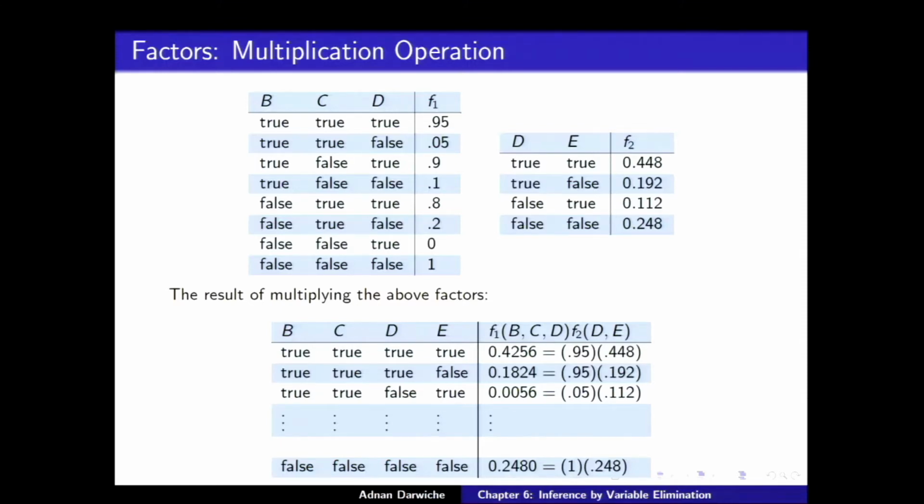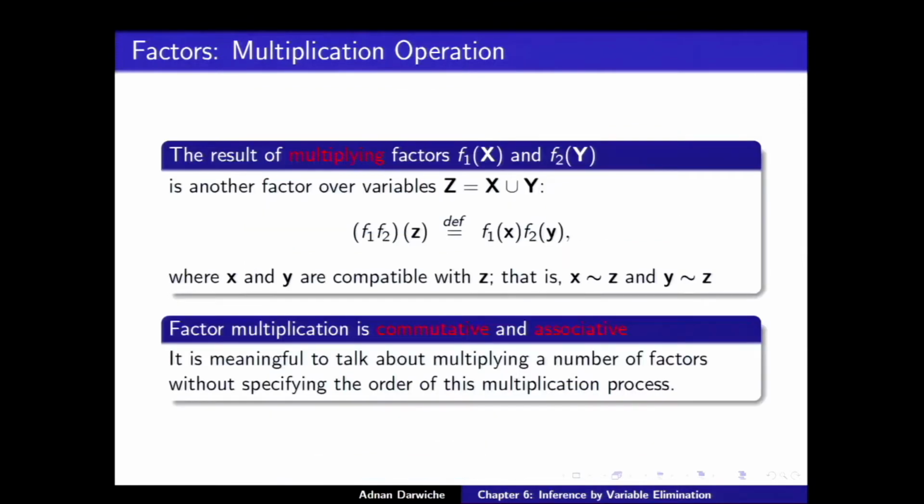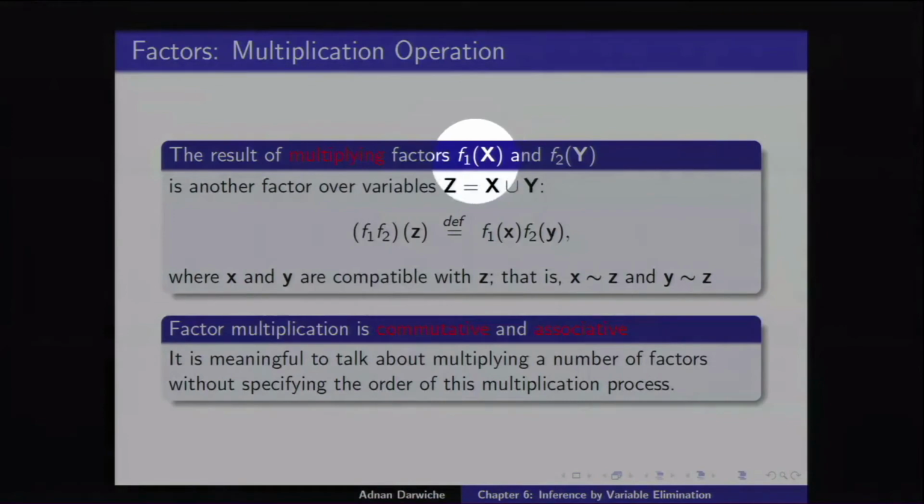Because now that you have this, we can state a result that we did before, maybe more compactly. First notation, we're talking about a factor f1 over the variables x, another factor f2 over the variables y, and now I want to multiply them. So the result will be over z, which is the union, correct? And look at the notation. Just f1, f2. And then now I can say, what does this say about the instantiation z?